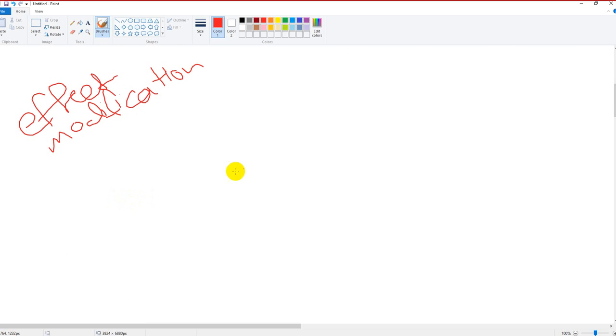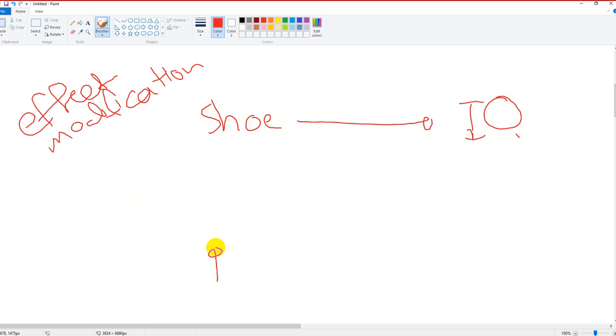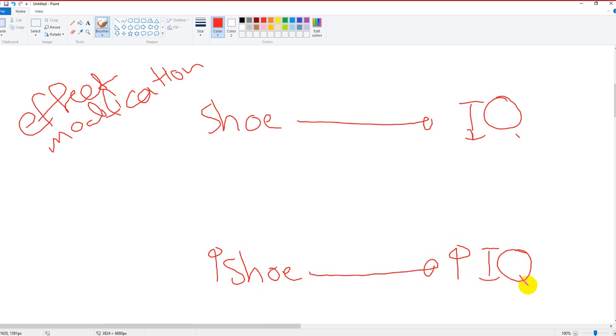I'll give you an example. Say people set up a study of shoe size and IQ. They found that people with a higher shoe size have higher IQ, in a school, among children.